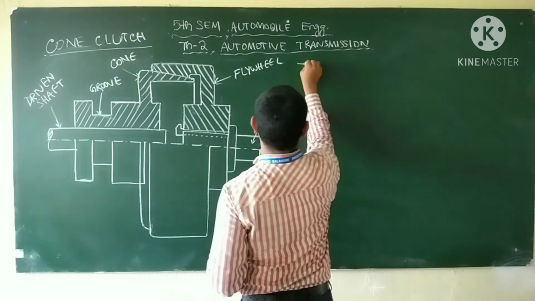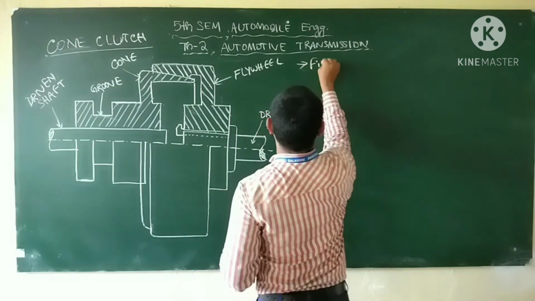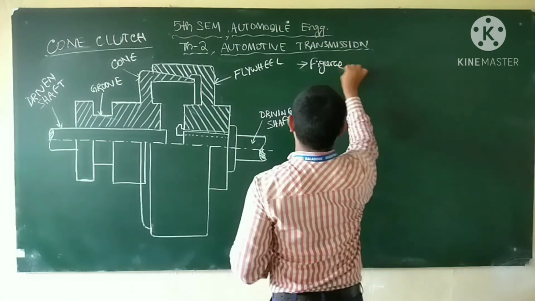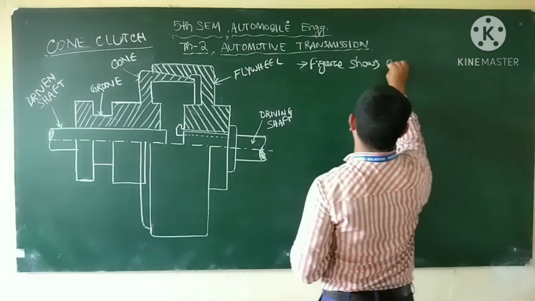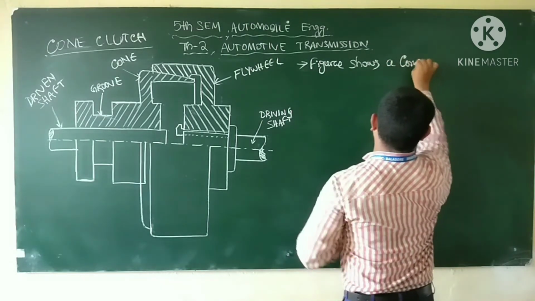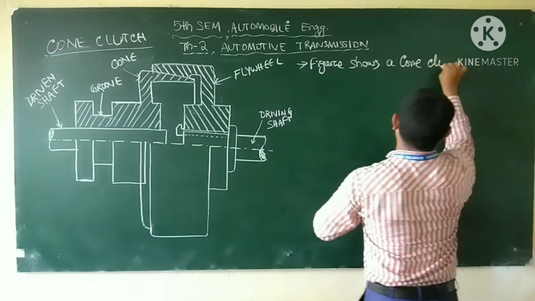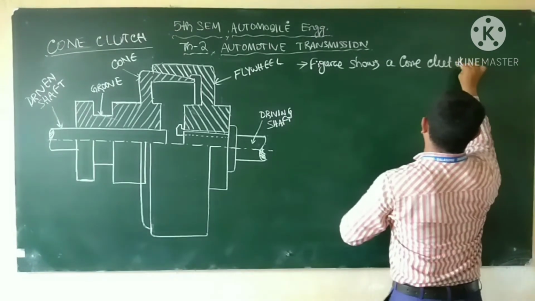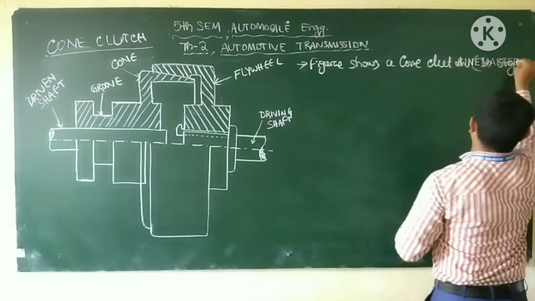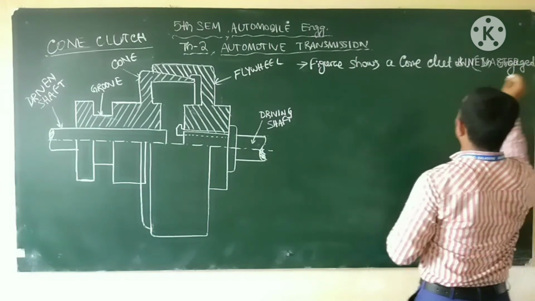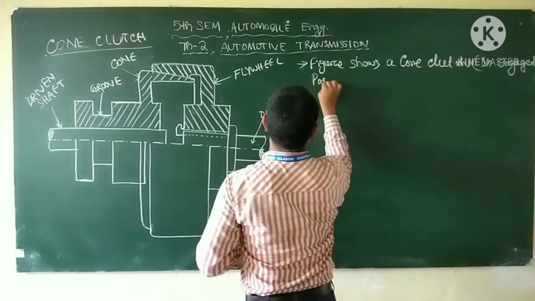First point: figure shows a cone clutch in engaged position.